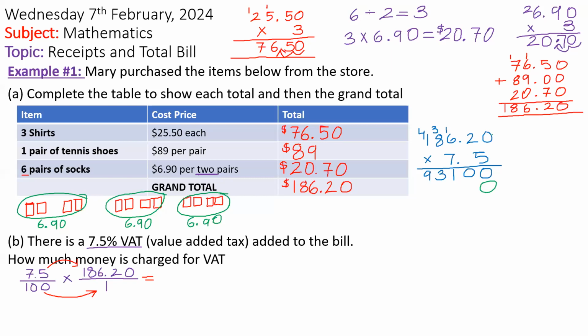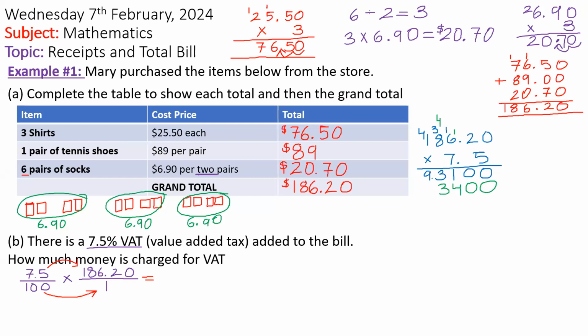Good. Now we say 7 times 0, which is 0. 7 times 2, which is 14. Put the 4 down, put the 1 above. 7 times 6 is 42. Plus 1 is 43. Put the 3 down, put the 4 above. 7 times 8 is 56.